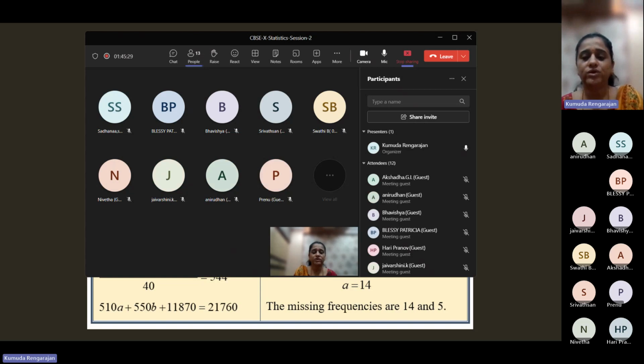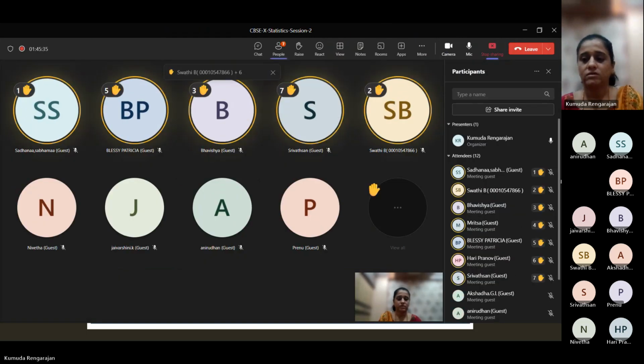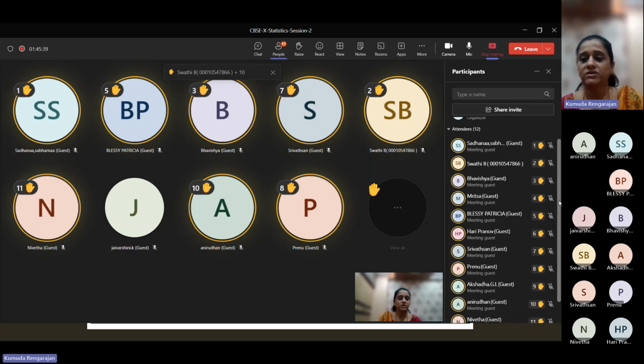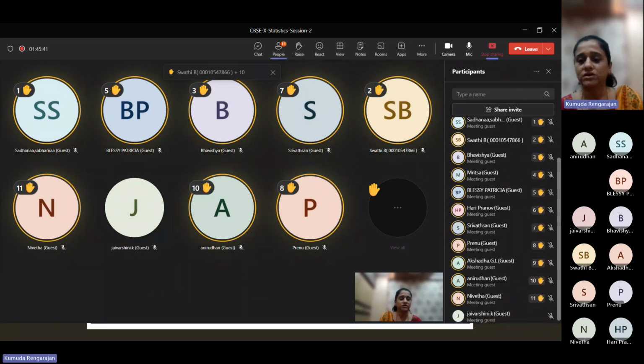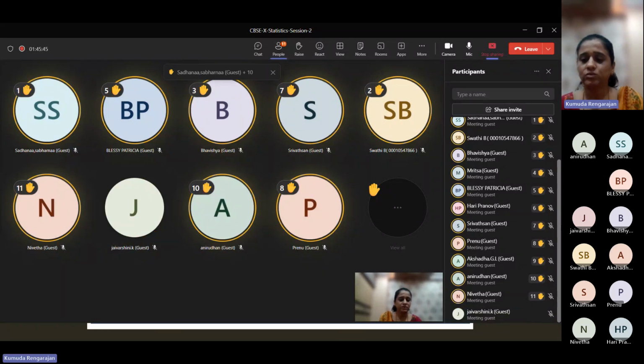Class, use the emoji. Raise your hand. Sabarna, Sadhna, Swati, Bhavishya, Amritsa, Blessy, Hari Pranav, Srivatsan, Prenu, Akshada, Anirudhan, Niveda, and Jayvarshini. Very good.